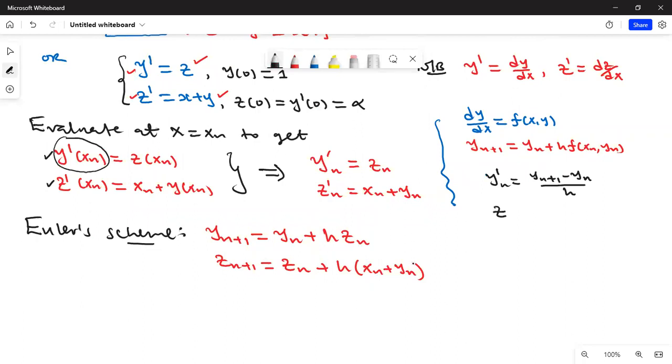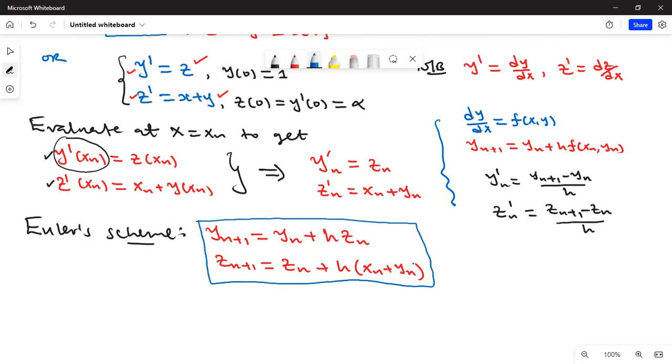Also, when we write zn prime, it is the same as zn plus 1 minus zn over h. This is forward Euler. So you are going to get these two iterative schemes.